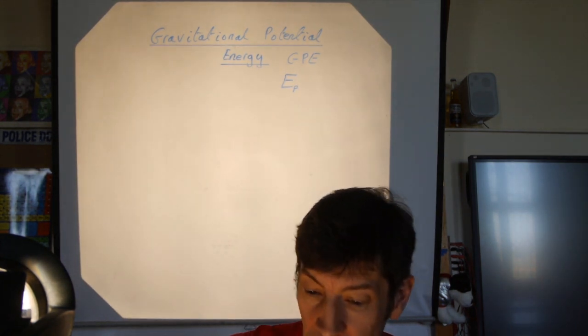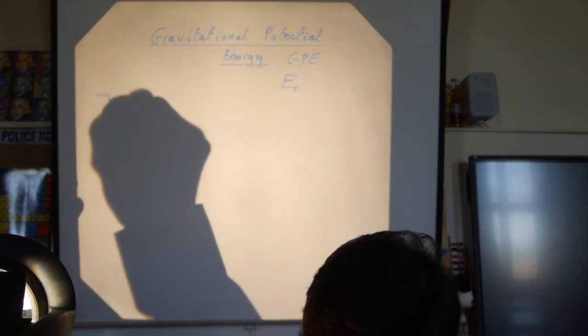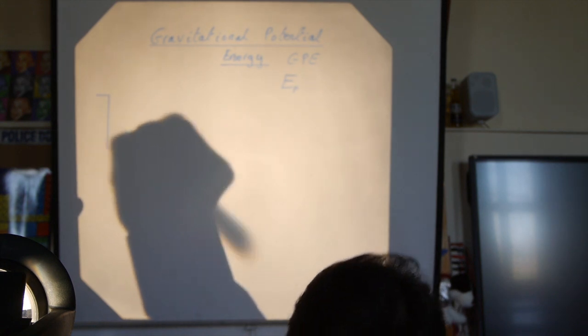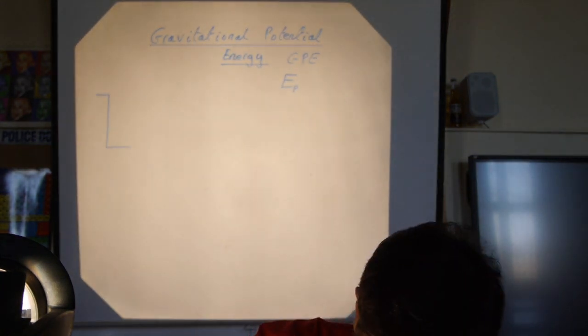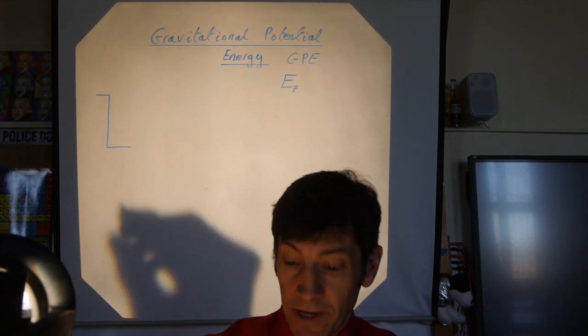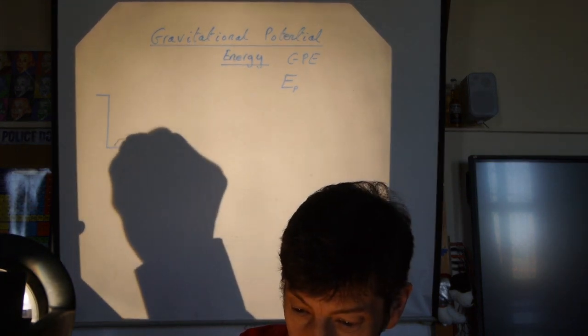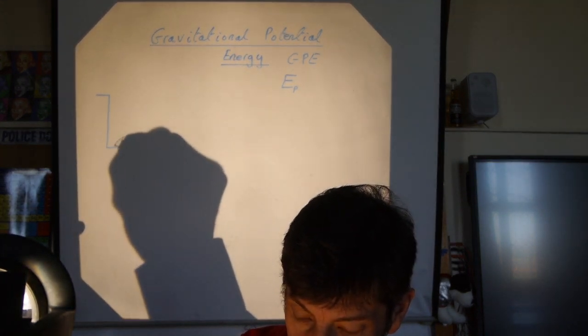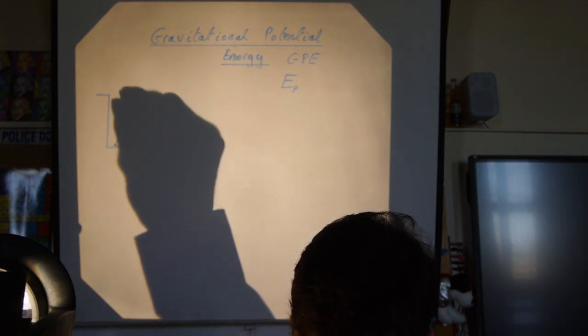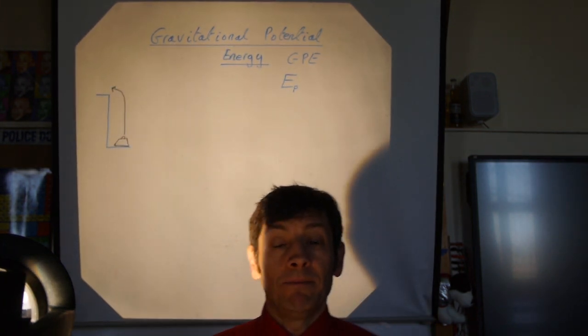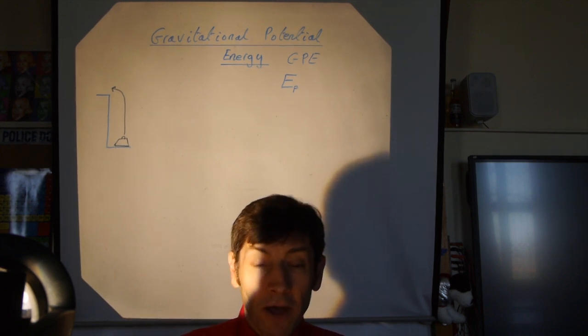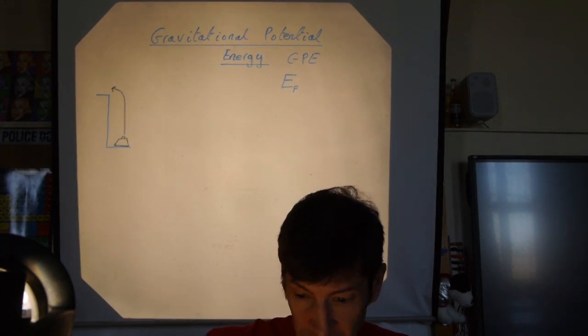So we have this idea that if we have something we're going to lift up, our little weight, we're going to lift it up high. The important thing is it's the height that we lift it through vertically.